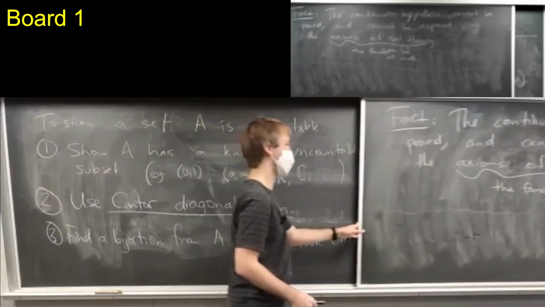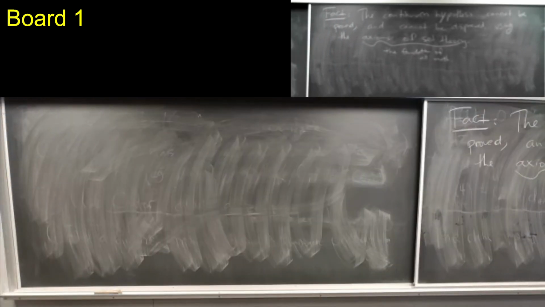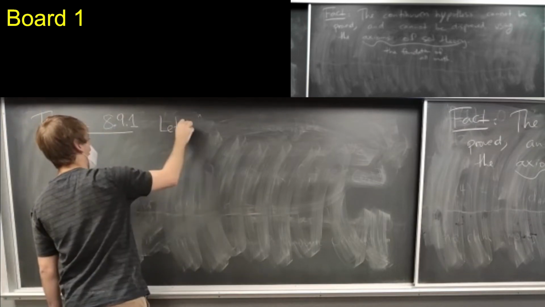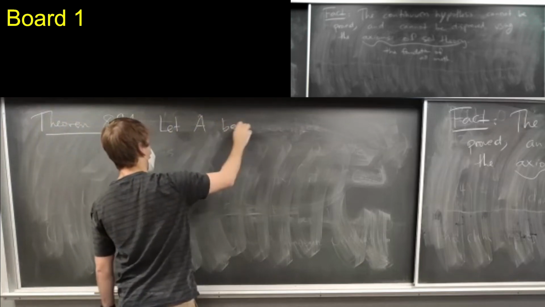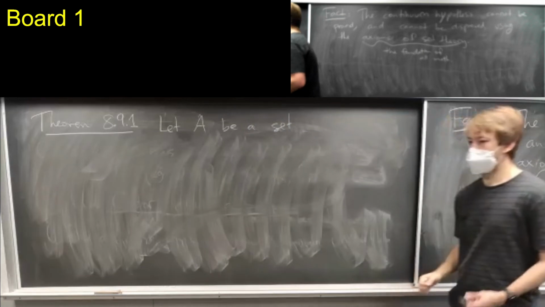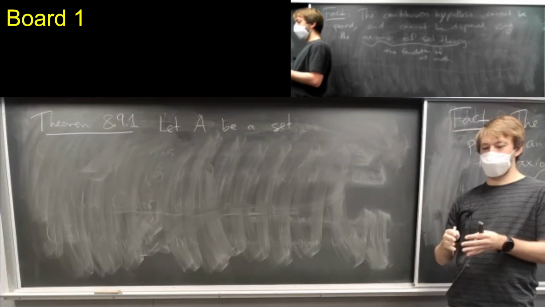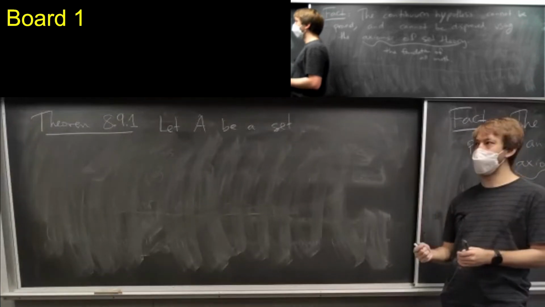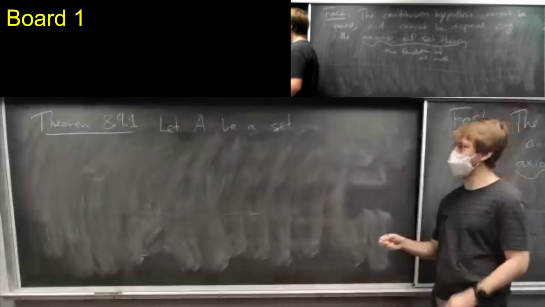Okay, let me prove one more thing for you, and then we'll be done. So this is theorem 8.9.1. Let A be a set. What I want to show is that the power set of A is always bigger than A. Do you remember what the power set is?